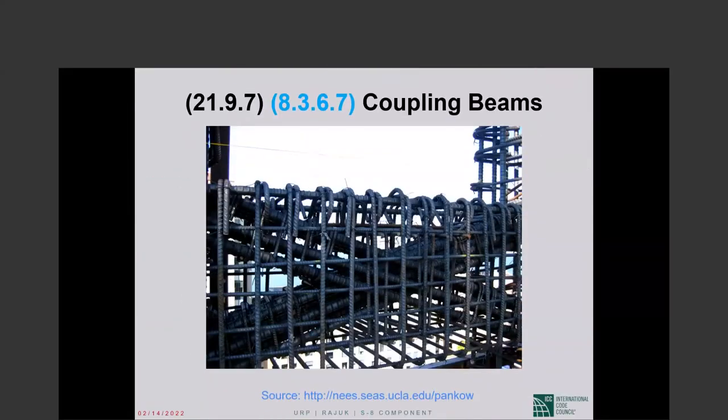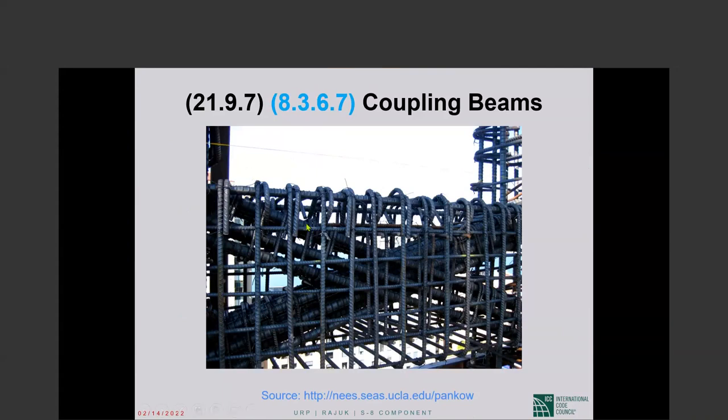Then I have 3 pictures from John Wallace of University of California, Los Angeles, that I think are very, very nice pictures. The diagonal reinforcement and the cage for the coupling beam itself.